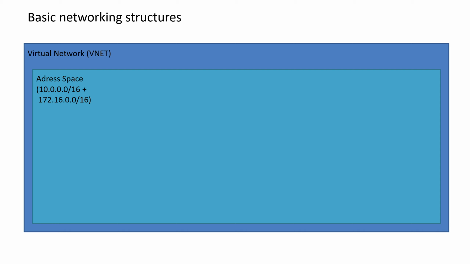This address space is a list of networks or address spaces that you are going to reserve for further use for the VNet and the next items that are coming up. These networks do not have to be in compliance with RFC 1918, so you can use public IP ranges if you would like to.